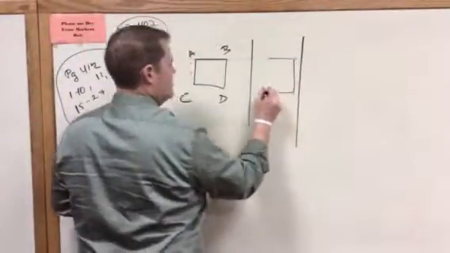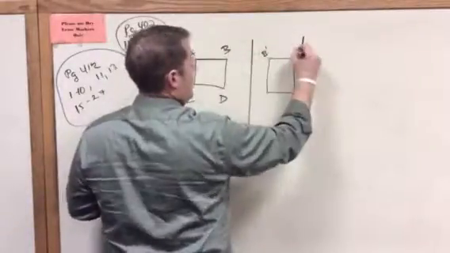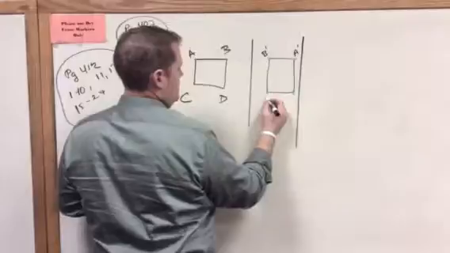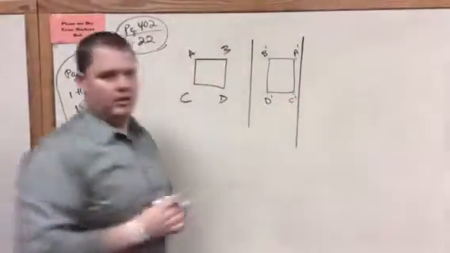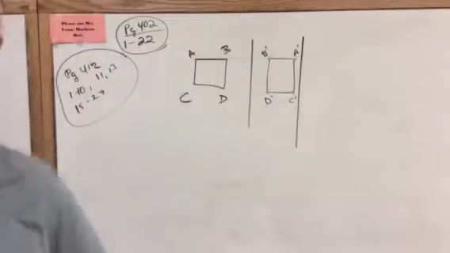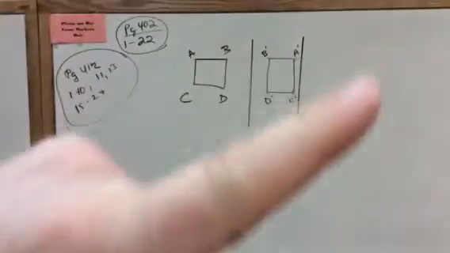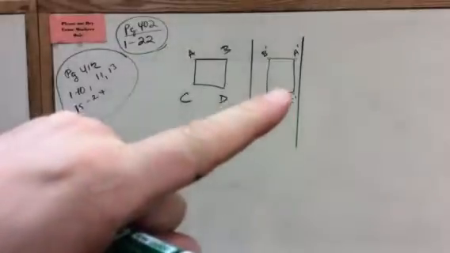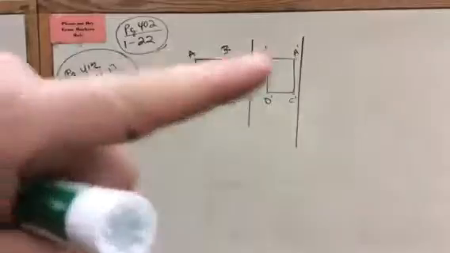I'll do it in black so you make sure you can get it. So this would be B prime, A prime, D prime, C prime. Does everybody follow? You follow what's happening. See how we moved it and we flipped it over the one line. It's flipped over that line.